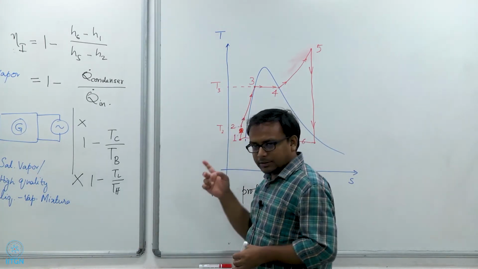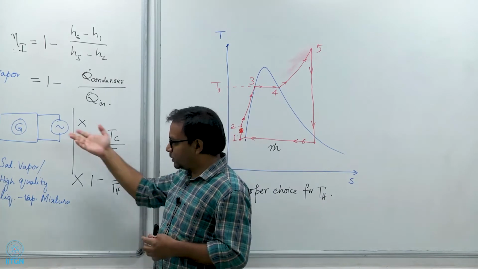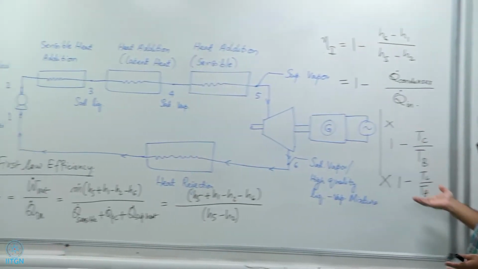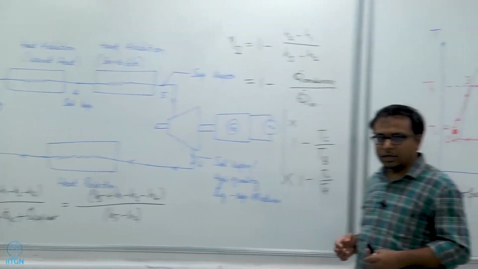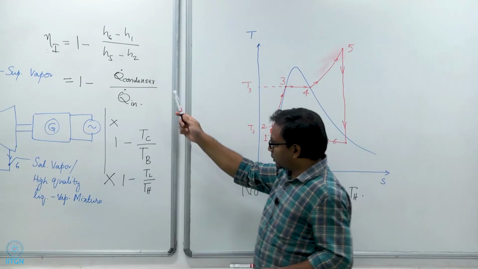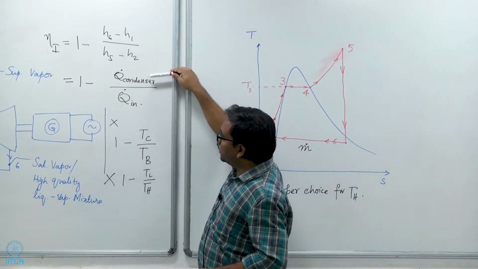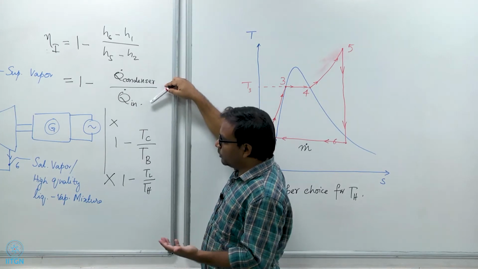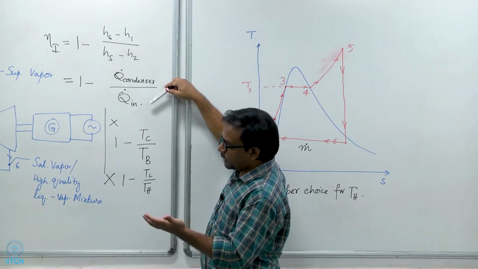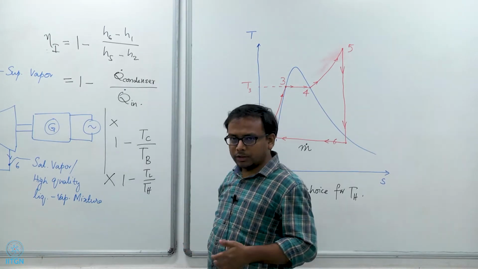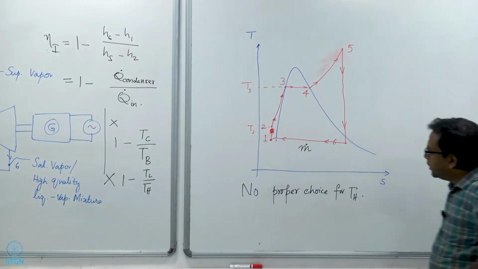But we have seen that is not true, because first of all this is not a reversible cycle, and second, you cannot choose a proper TL or TH for this cycle. So, do not do that. You actually have to calculate the heat transfer in the condenser, the heat transfer to the working fluid in the heaters and the boiler, and then subsequently evaluate the efficiency.